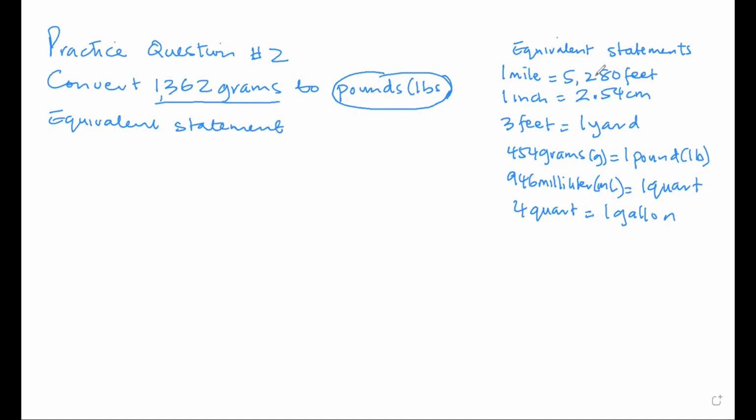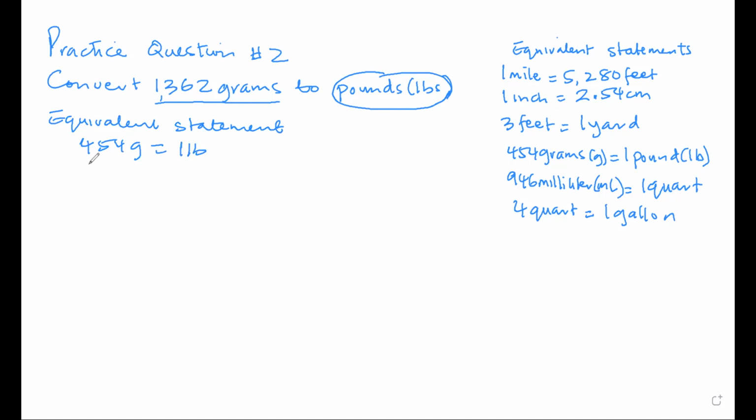Now you look here. Do we have any direct relationship between pounds and grams? Do we have any equivalent statement that has both pounds and grams here? So we look, oh, there's 454 grams equal to 1 pound.